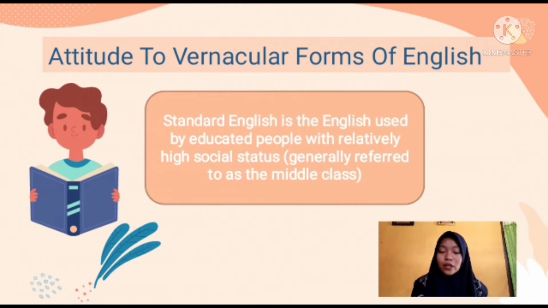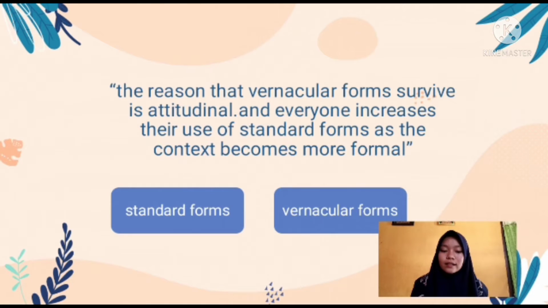Our speech also expresses and constructs our identity. The reason that vernacular forms survive is attitudinal, and everyone increased their use of standard forms as the context became more formal.